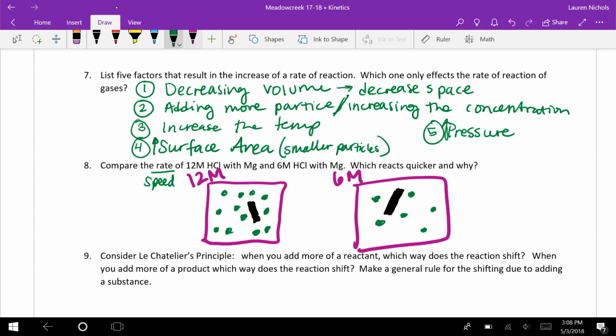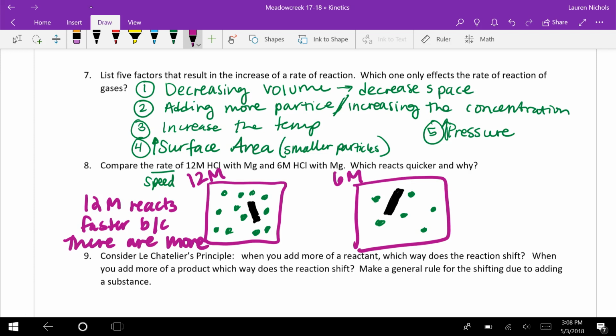Okay, so we know that 12 molar reacts faster because there are more particles to collide with.